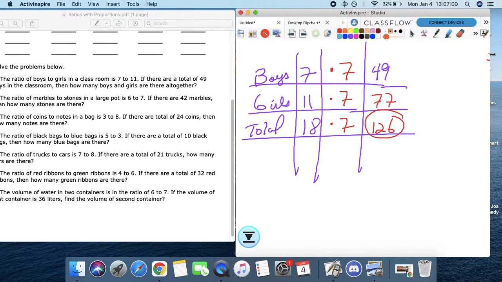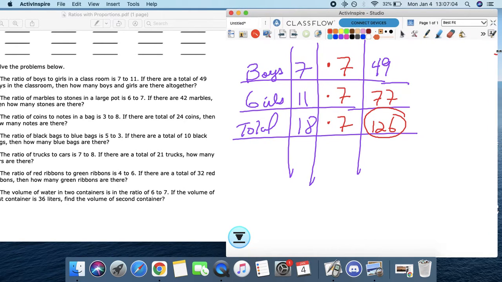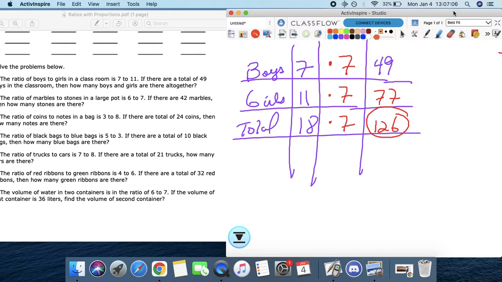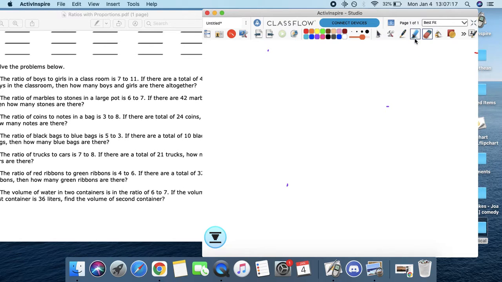All right, so let's move on to question 2. Oh, come on, where's the, no, I'm just going to use the eraser. All right, so next question. Ugh, wait a second, you know what? Sorry.